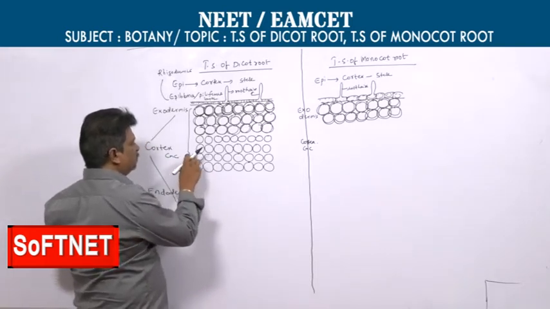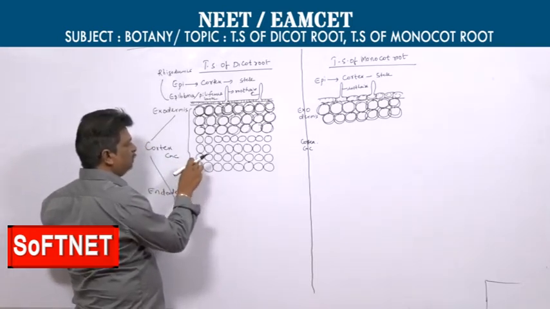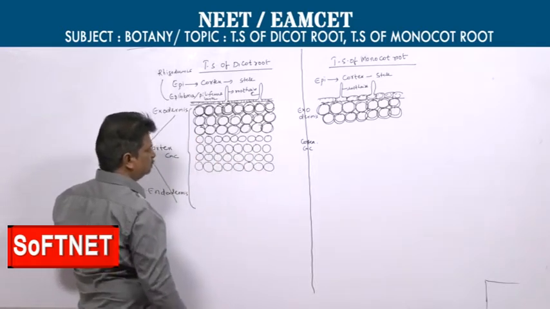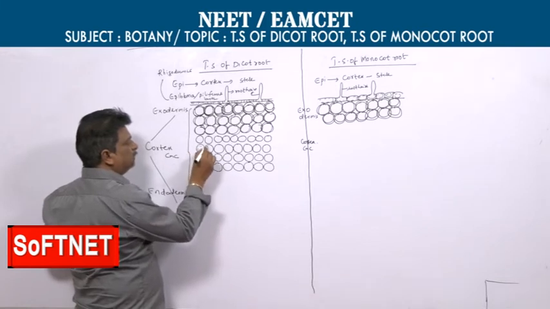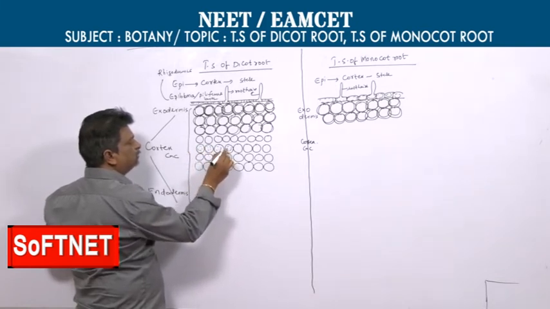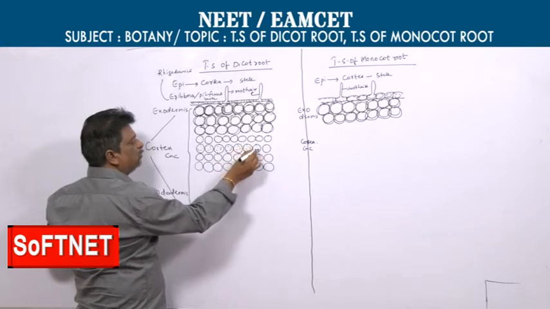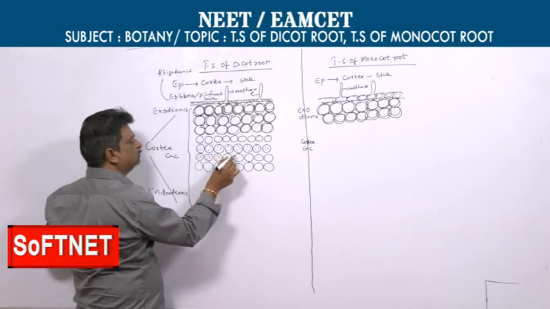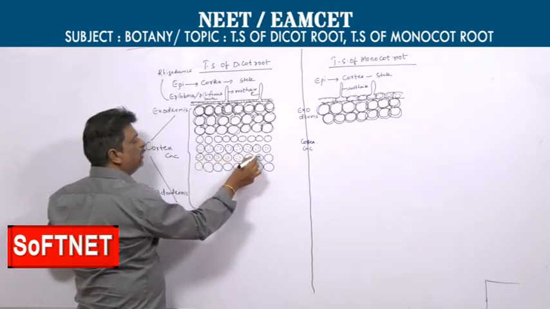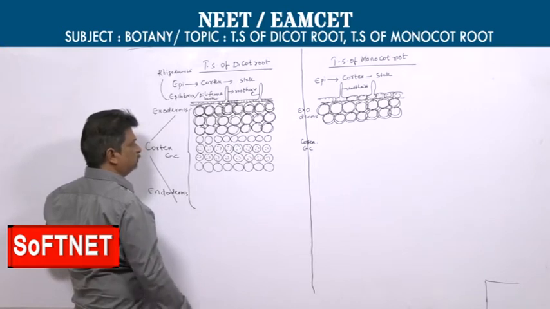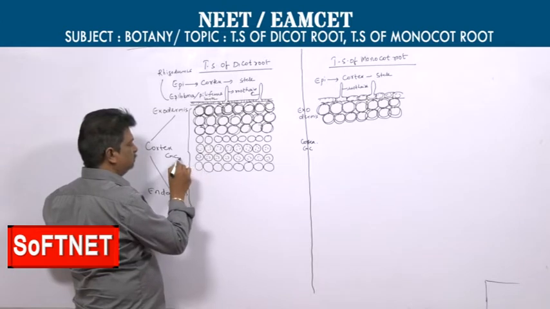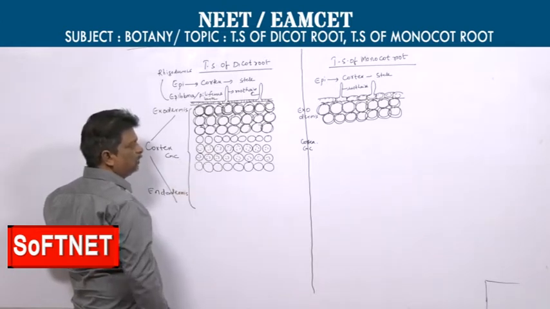Function of general cortex: one is help in lateral conduction. And these cortical cells contain leucoplast, so help in storage. Only in photosynthetic roots, this general cortex contains chloroplast, so help in assimilation.